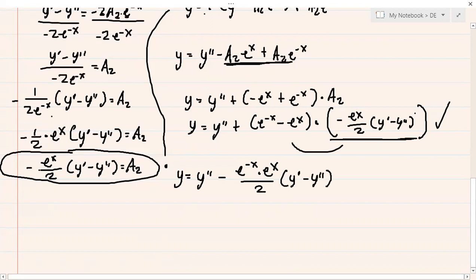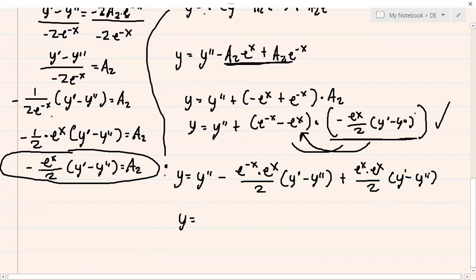Then when you distribute it to this negative e raised to x, it becomes positive. So it becomes plus e raised to x times e raised to x all over 2 times quantity y prime minus y second prime.